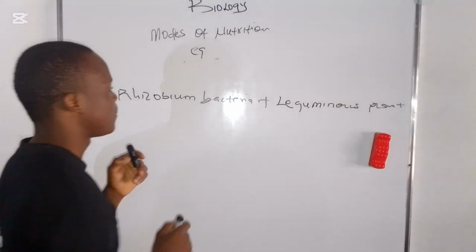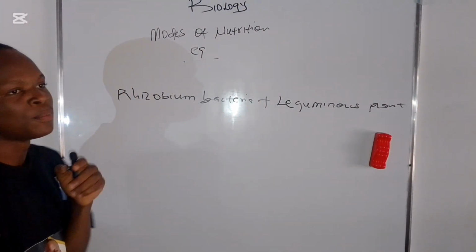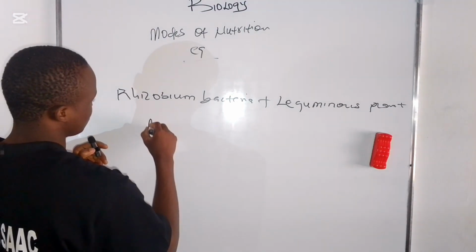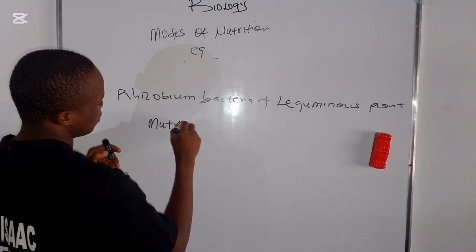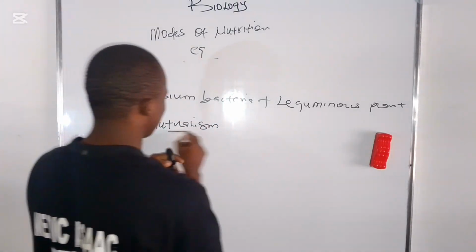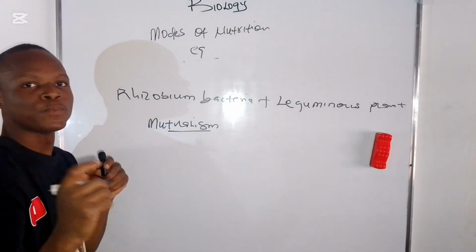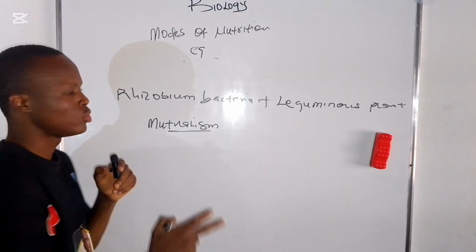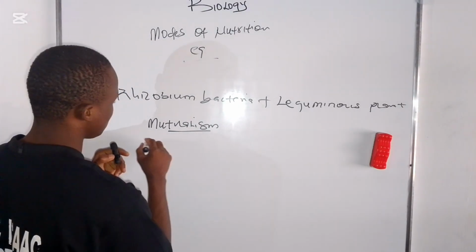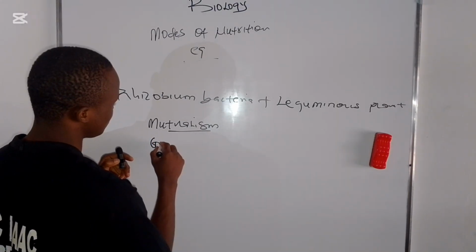So that's that. So we have types of this symbiotic nutrition. One on my list is what we call mutualism. Mutualism is a kind of nutrition where two organisms are together, none is being harmed. They are just mutual. You understand? So next is commensalism.